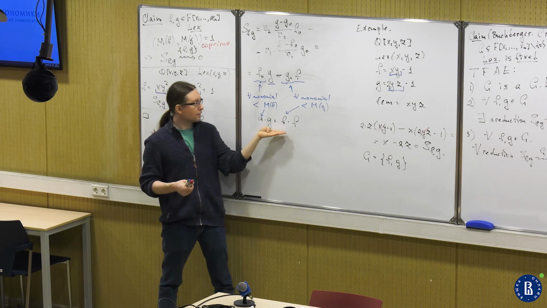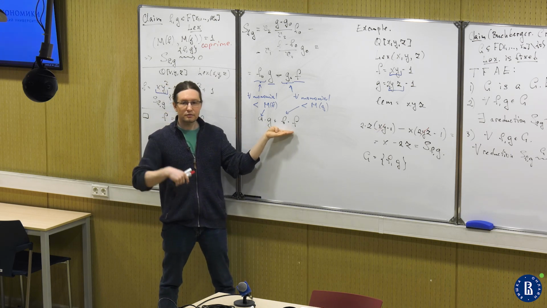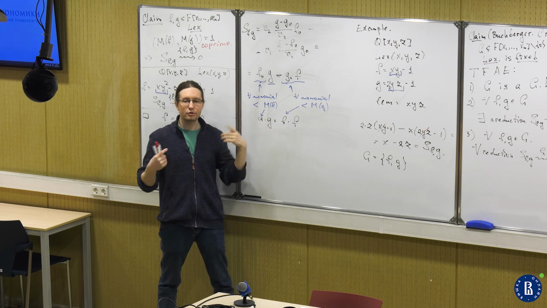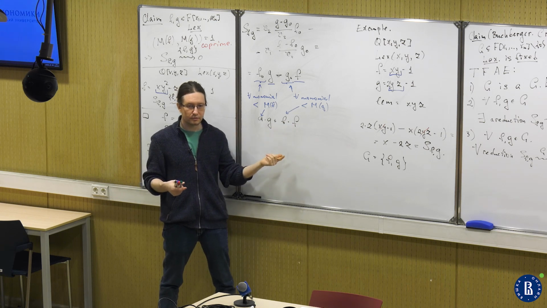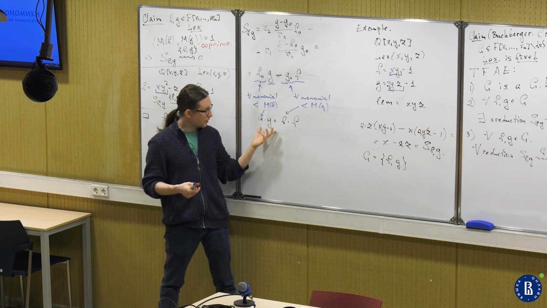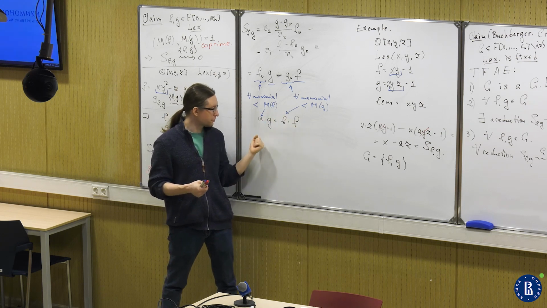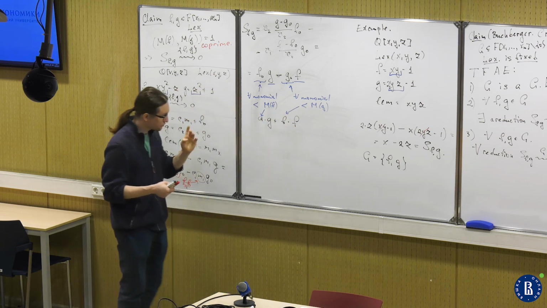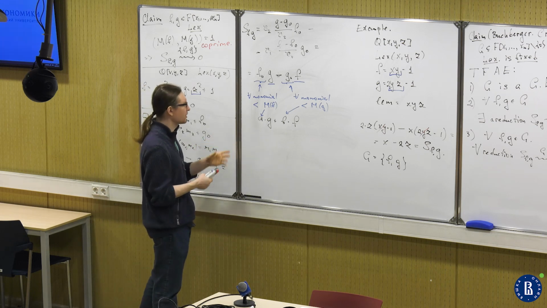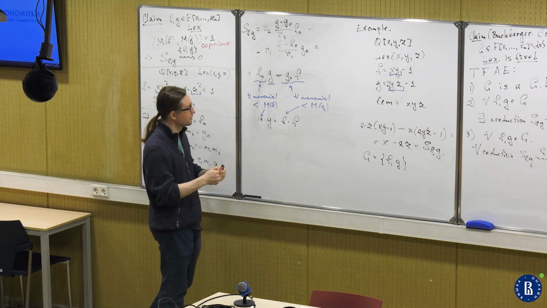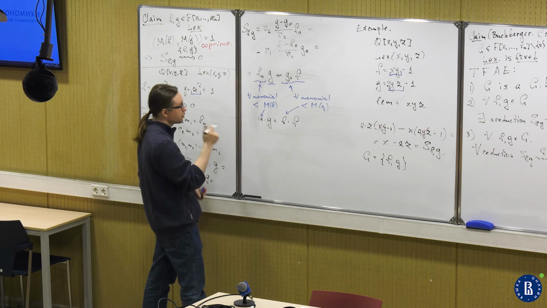Well, let's start the reduction process using F and G. We know that this process will terminate. But if we apply the reduction process here, okay, I have to show one additional step. So let's show the following.